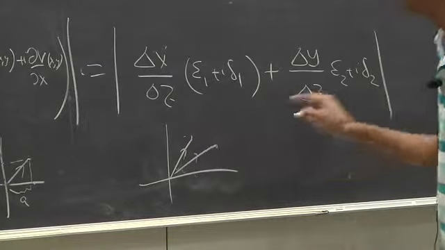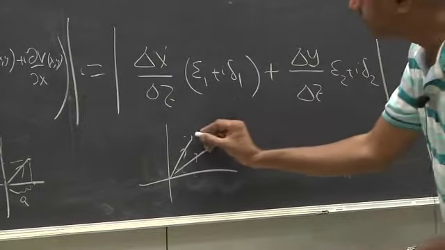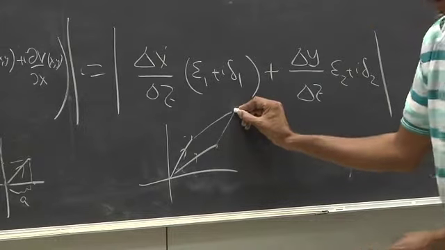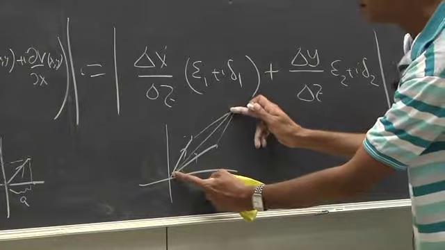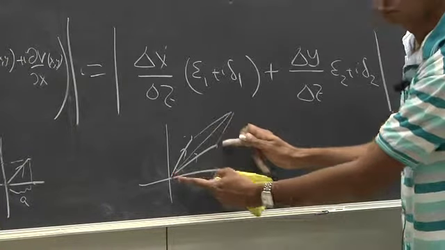What we are saying is: take the two vectors and add them up, and you arrive at that. This is the addition, and the statement is that the length of this is less than or equal to the sum of the two lengths.